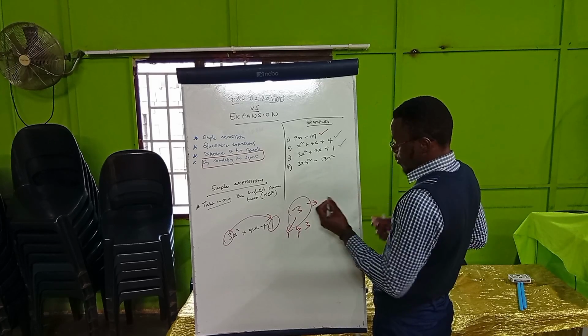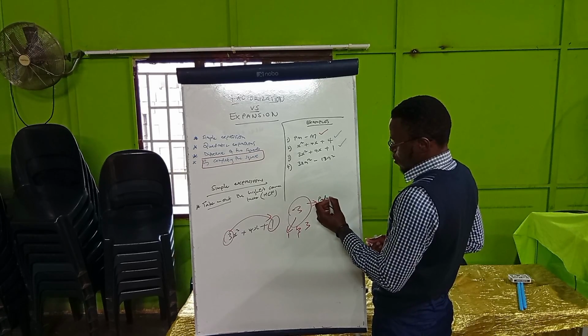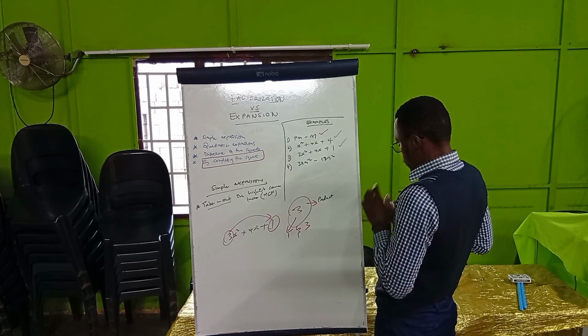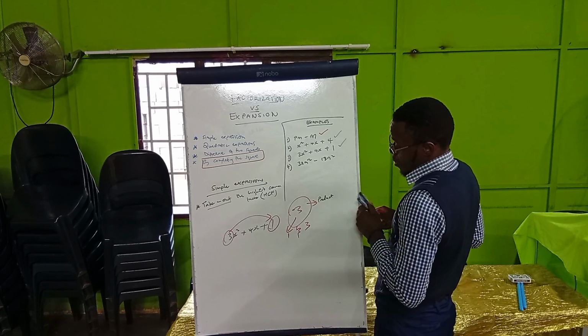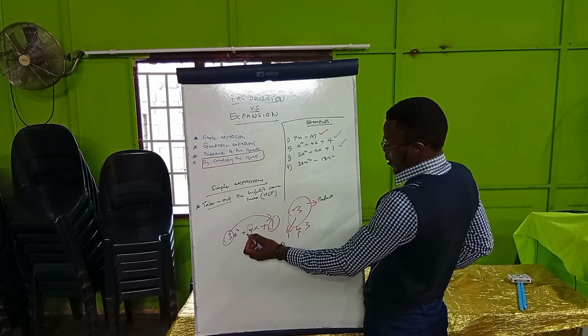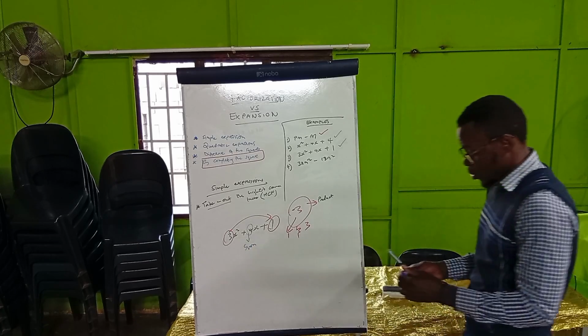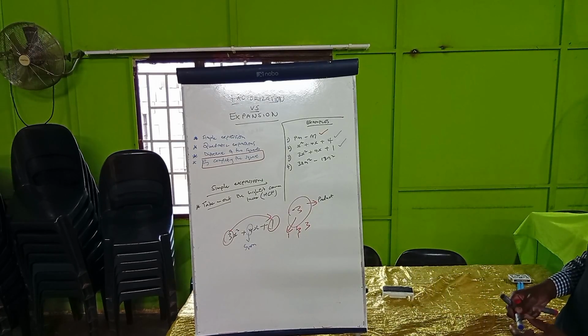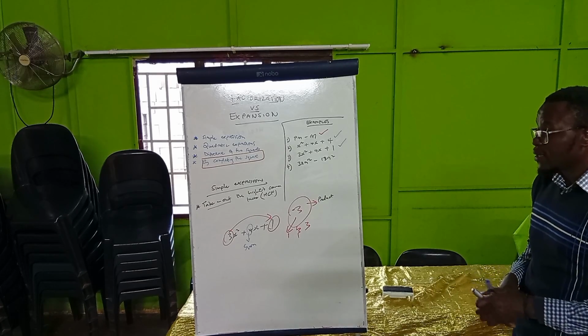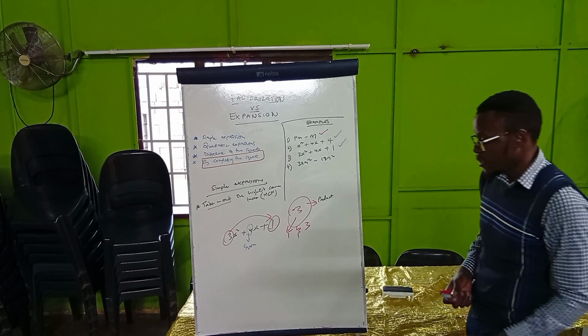And the sum will be the value that is in the middle. So the product of 1 and 3 is 3, and the sum of 1 and 3 is 4. So these are the factors.